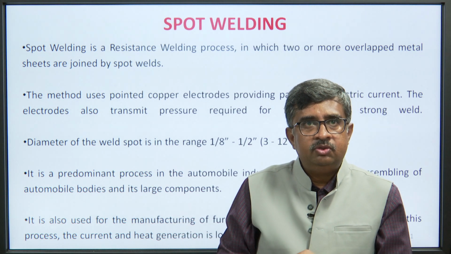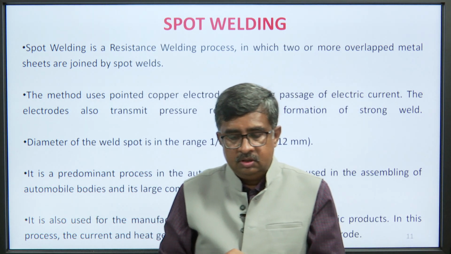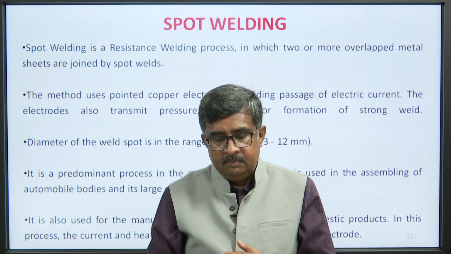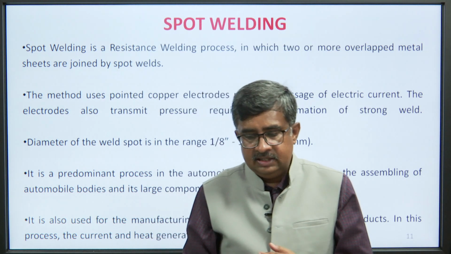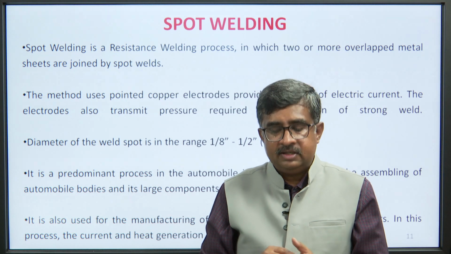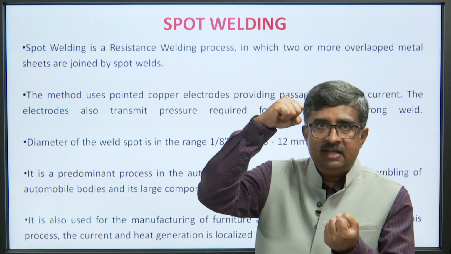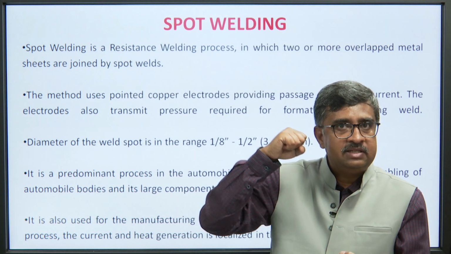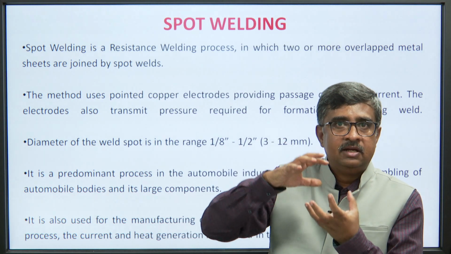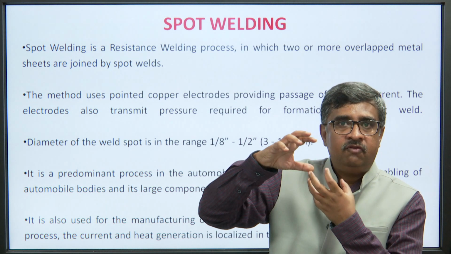The method uses a pointed copper electrode providing passage of electric current. The electrode also transmits the pressure required for the formation of a strong weld. So, the same electrode is used. I already said that this is a pressure technique, a combination of pressure and resistance due to current flow.